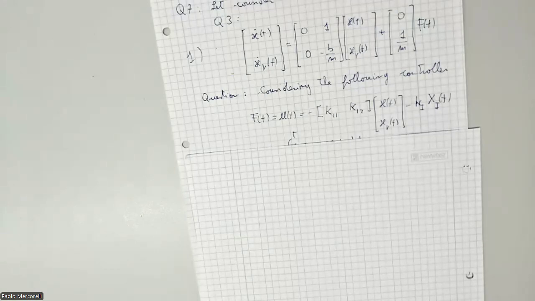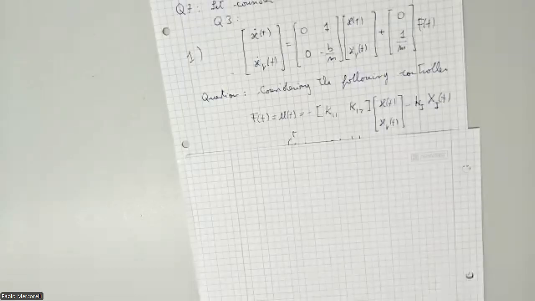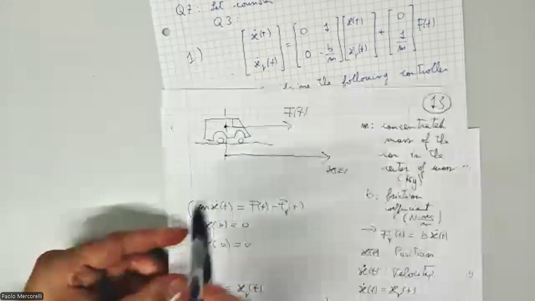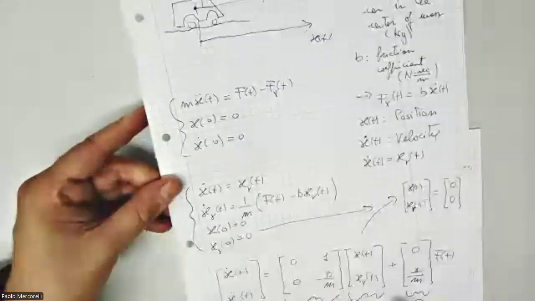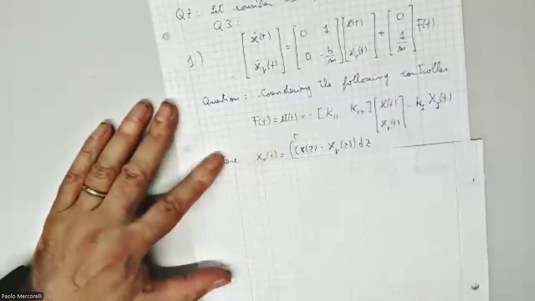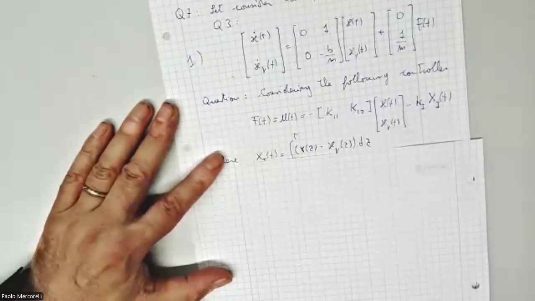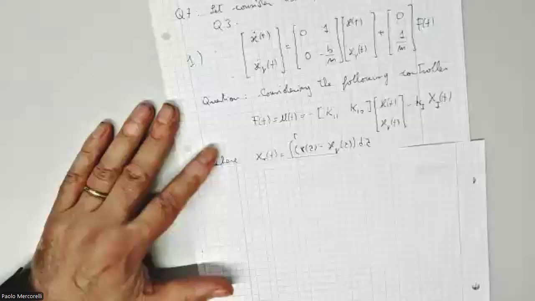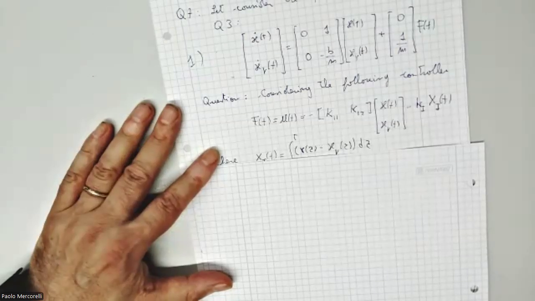Basically, system plus controller. Our controlled system includes the system and the controller. We want to analyze the dynamics of these two structures when they are combined together. We call it controlled system.